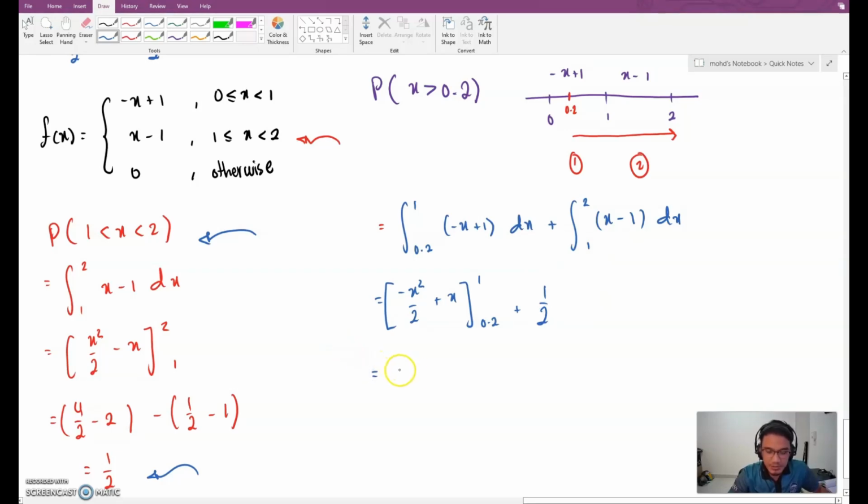So we substitute the value: negative 1 over 2 plus 1, minus negative 0.04 over 2 plus 0.2, plus 1 over 2. We calculate the value and obtain the probability, which is 41 over 50.